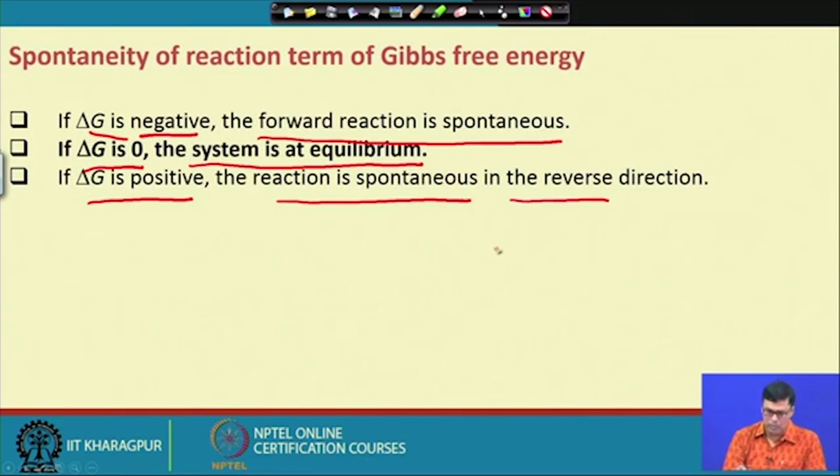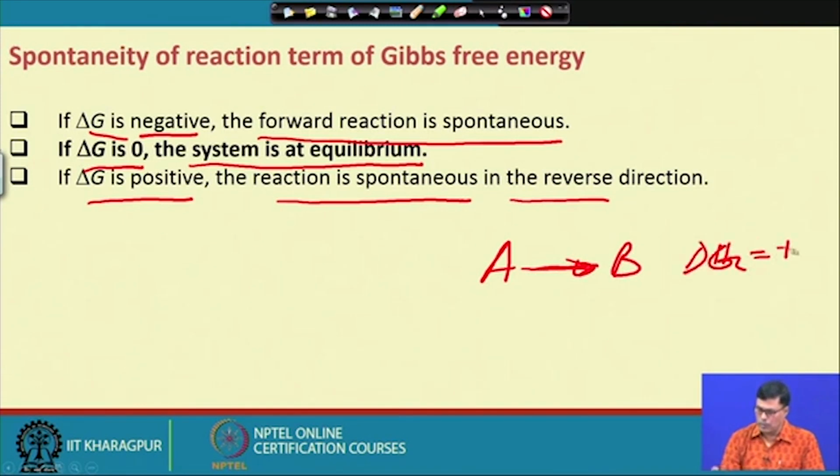Reverse direction means, say, the reaction is A to B. If del G is negative, then A to B is spontaneous.